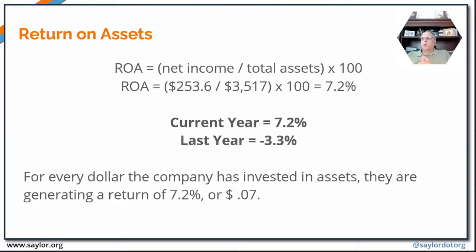In other words, for all the assets we had in place last year, we had a negative return on the application and use of those assets in the business. Now we're starting to be positive at 7.2, or every dollar invested in assets is generating a return of about 7 cents. Now, could be good, maybe not so good.